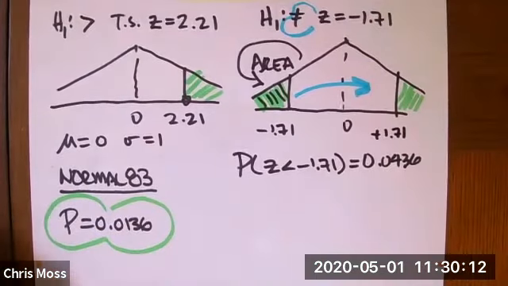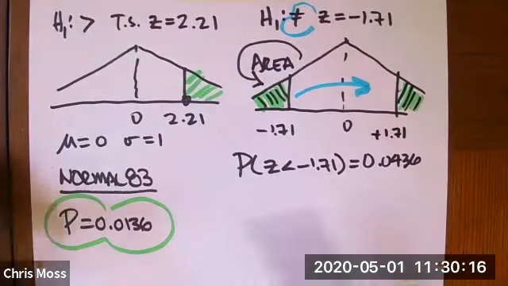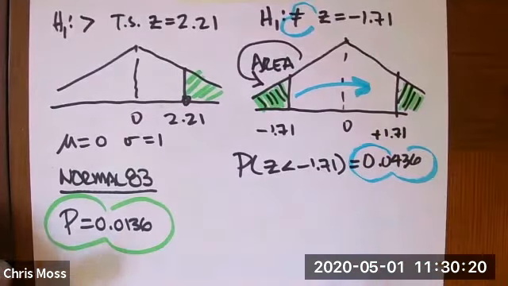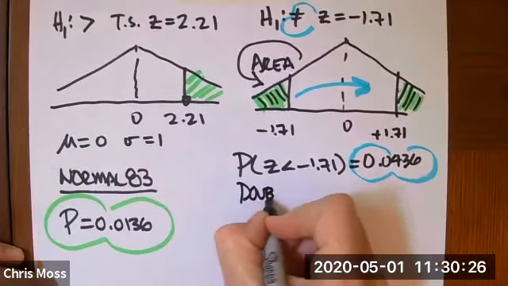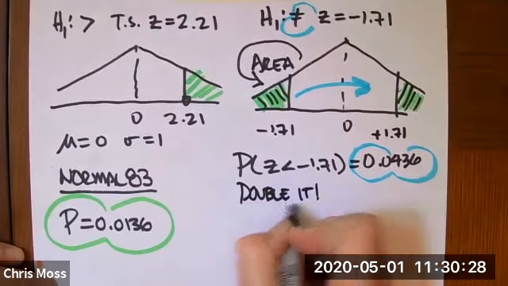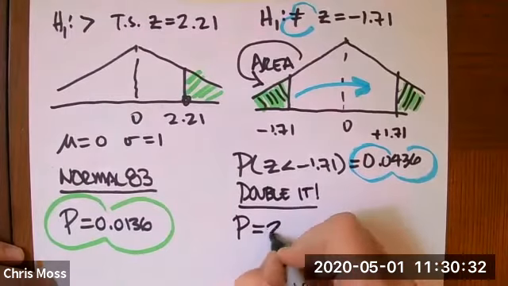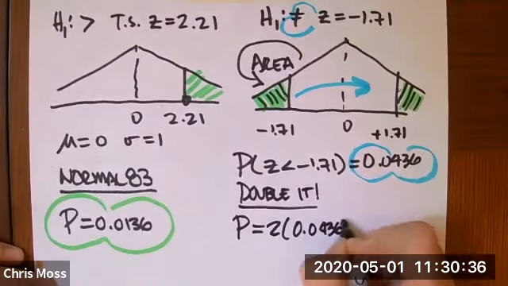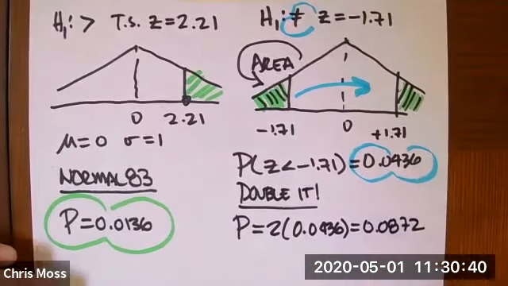So it's really kind of a sum of these two areas. So I'll take that value there, and because it's a two-tailed test, I will double it. So the p-value for this example is 2 times 0.0436, or 0.0872.